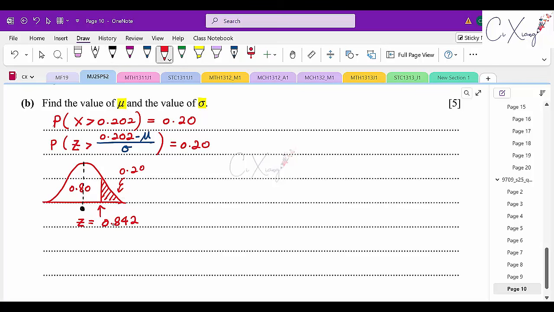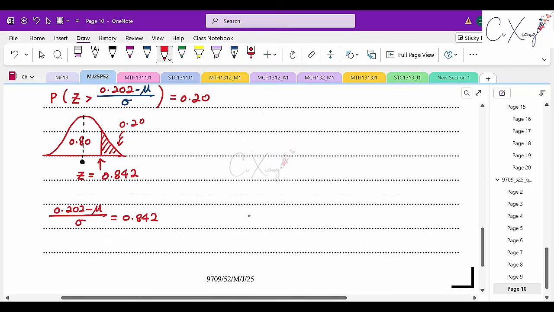This value and what we have here is the same, so we compare them: 0.202 minus mu, divided by the standard deviation, equals 0.842. So z greater than 0.842 is equal to 0.2. Therefore, I compare them directly, and from here I get the very first equation.